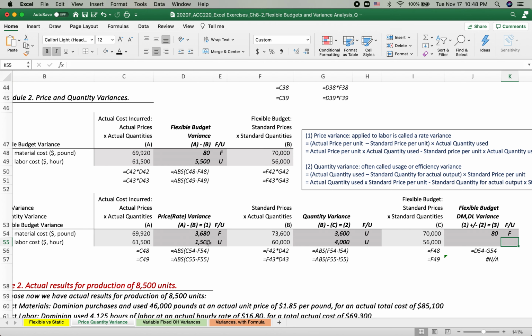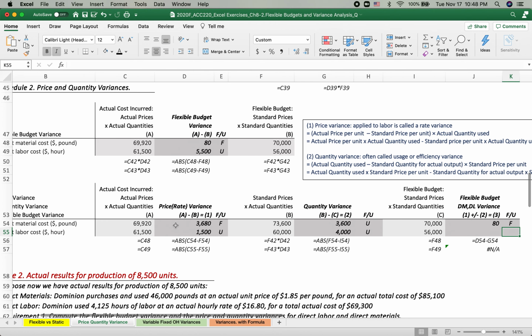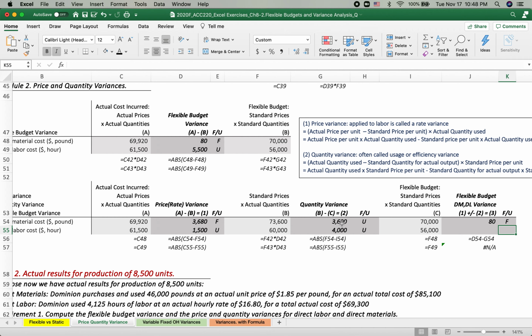So we can analyze that for this direct material cost, the variances are comprised of these price variances, which is favorable, but in terms of the quantity, it is unfavorable. So this 80 got two totally different results.